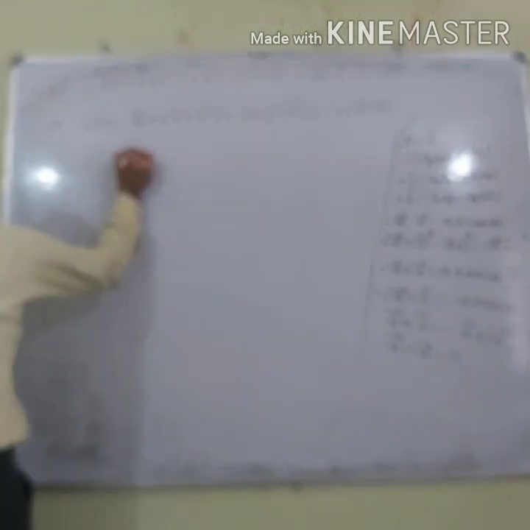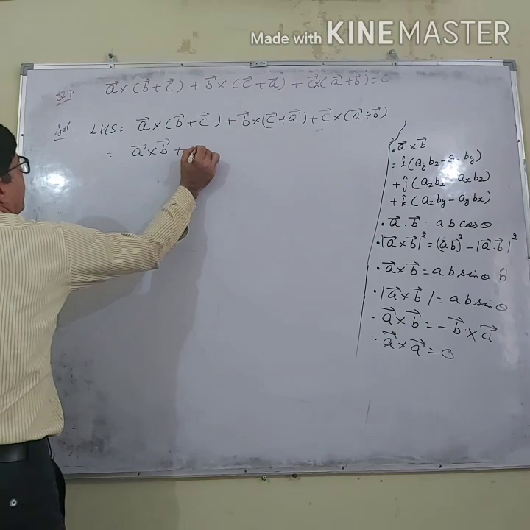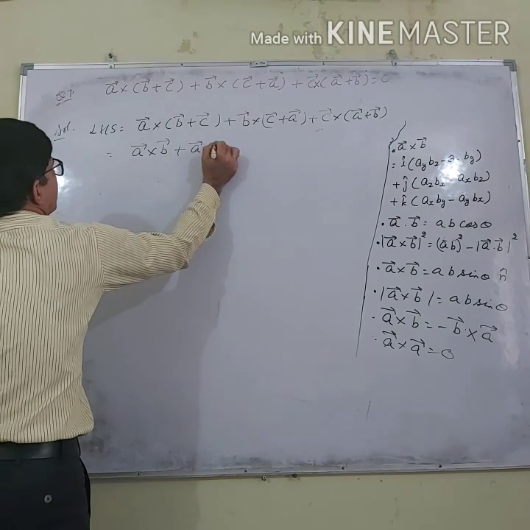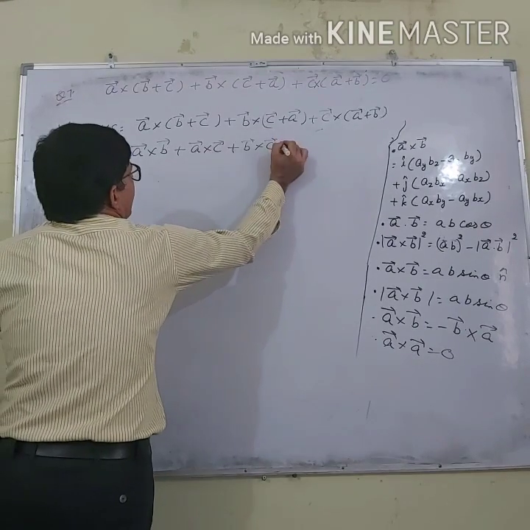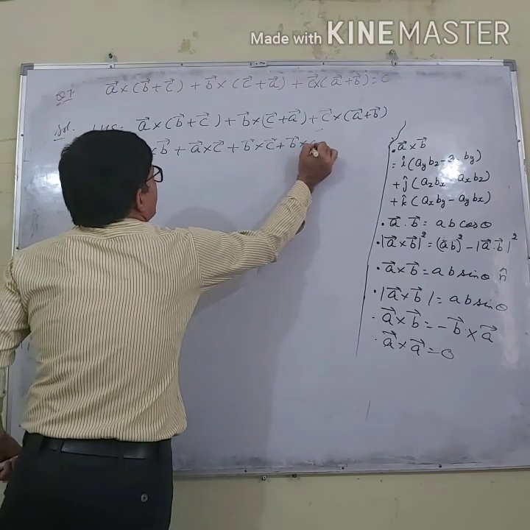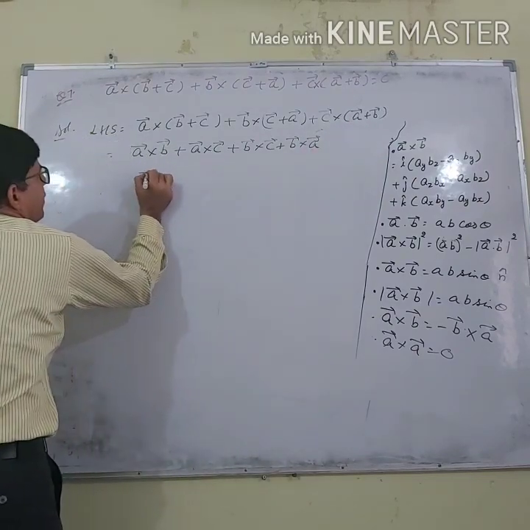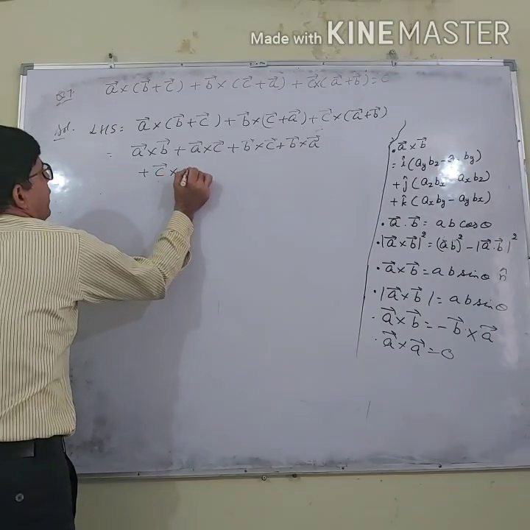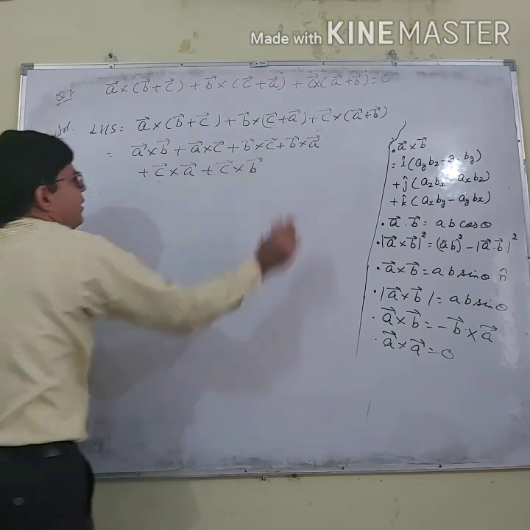Opening the brackets: A cross B plus A cross C, B cross C plus B cross A, C cross A plus C cross B.